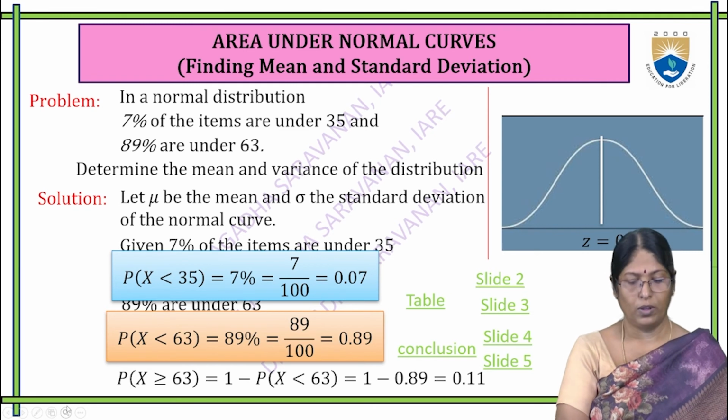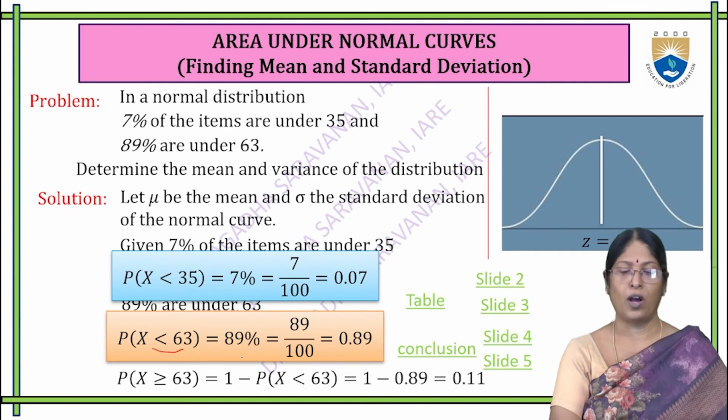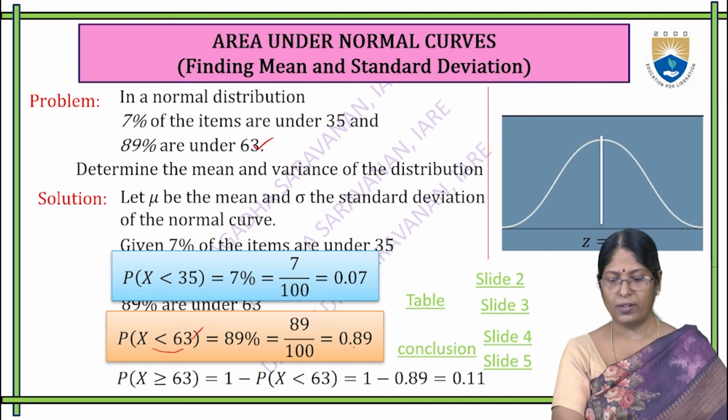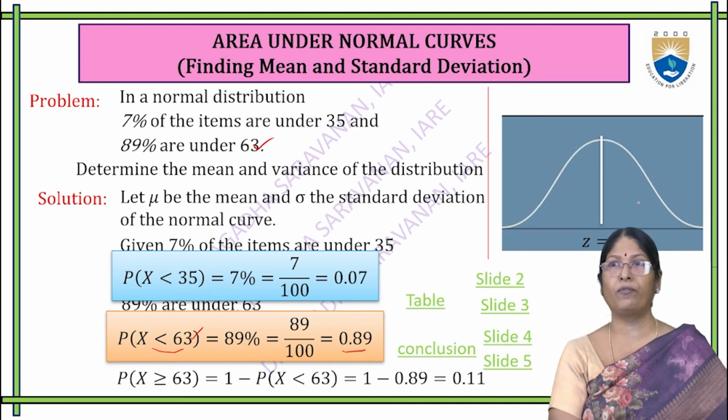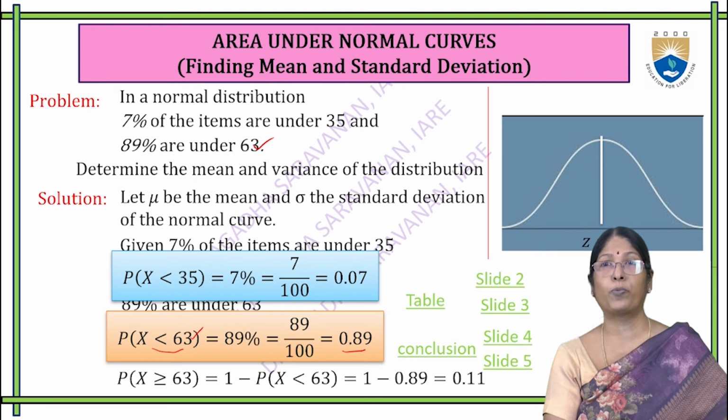Now what we are going to do: x less than 63, according to the data given in the question, we have written. But 0.5 is the area, it is fixed mathematically. Total probability is 1, that should be followed.